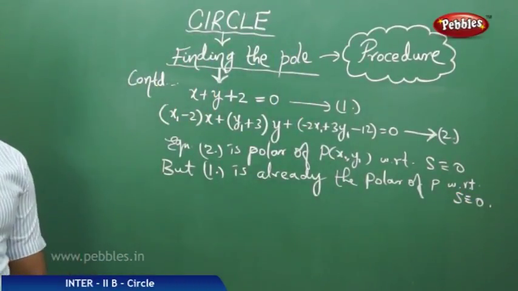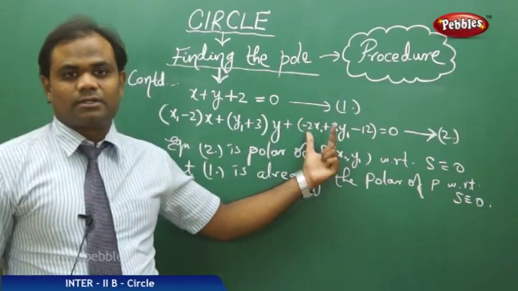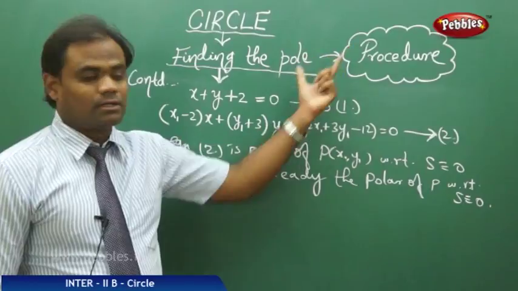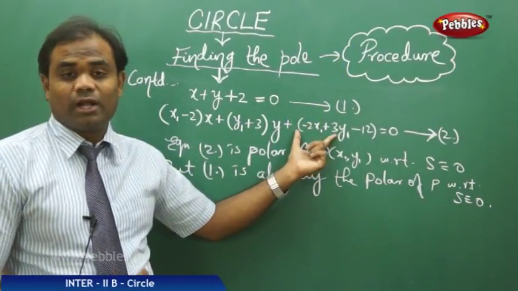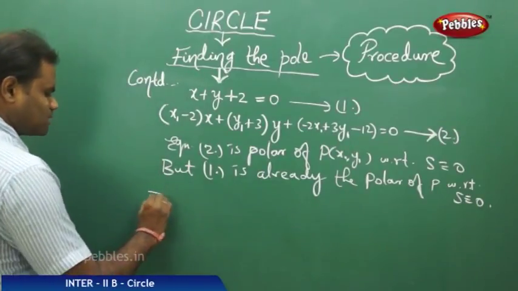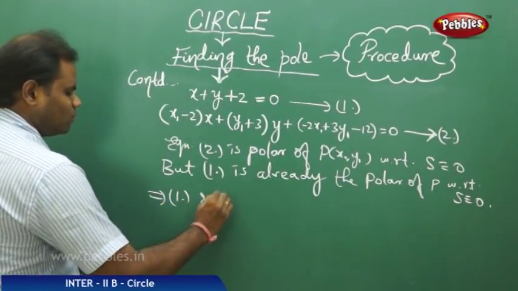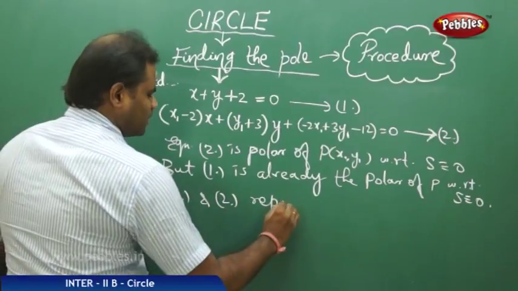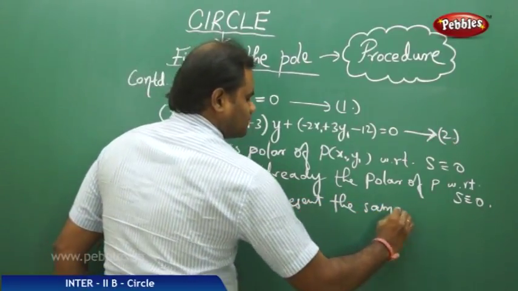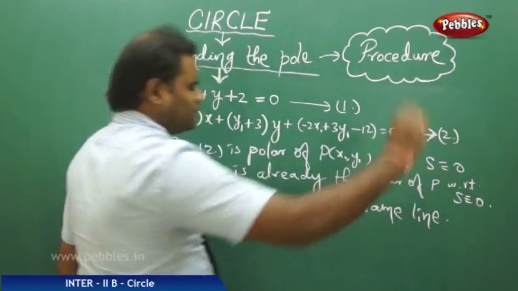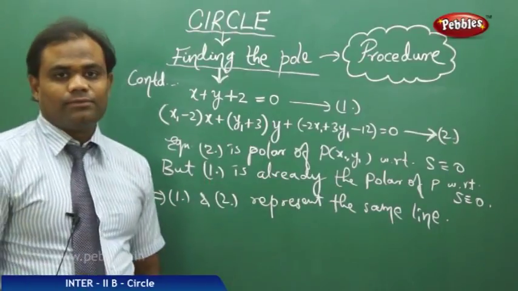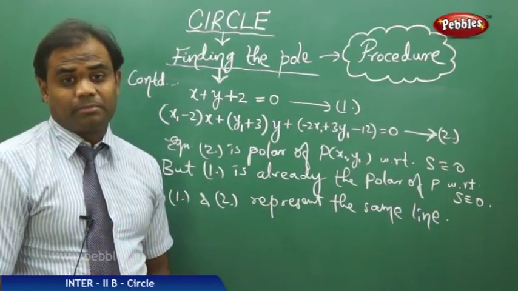So this makes me understand that 1 and 2 represent the same line, because this is the polar given, and this is also the polar which we found using the formula for the circle. That implies 1 and 2 represent the same line.